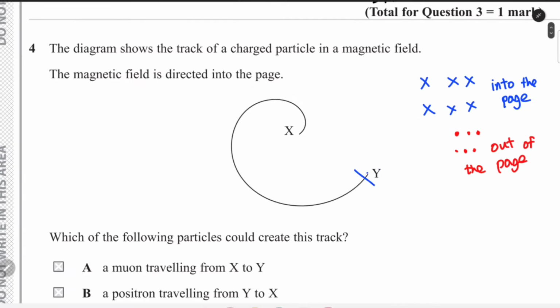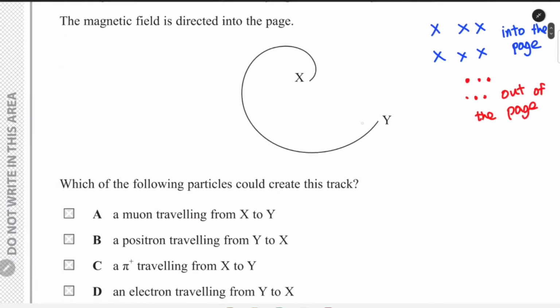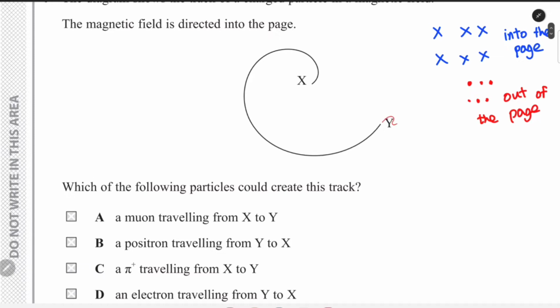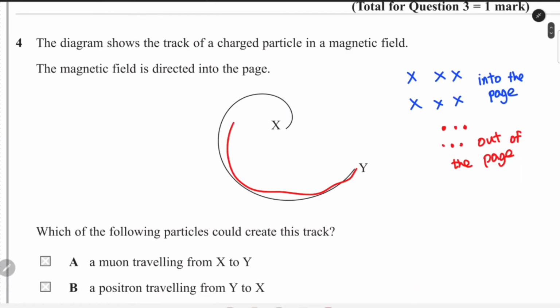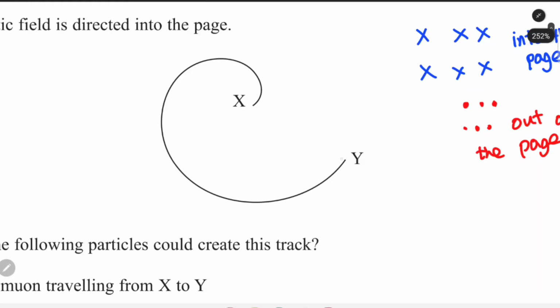So we have a magnetic field over here like this. Now since the radius is decreasing as we go from Y to X, the particle is moving from Y to X. If it was moving from X to Y, it would have started with a large radius and then ended up with a smaller one at Y. So when the radius of curvature over here is larger, that's the starting point.